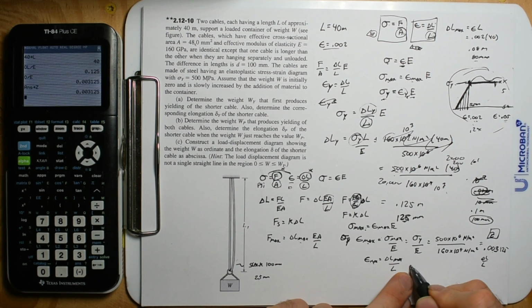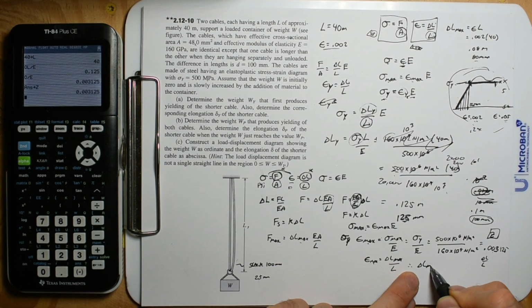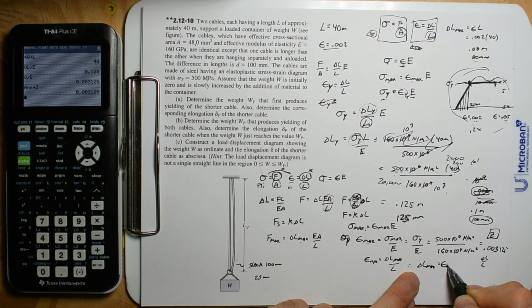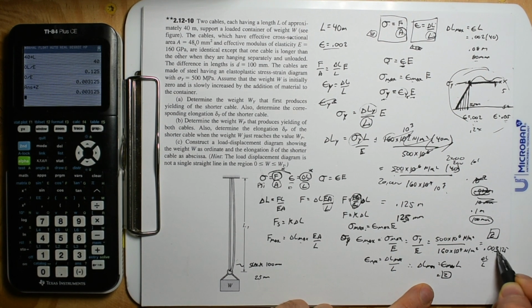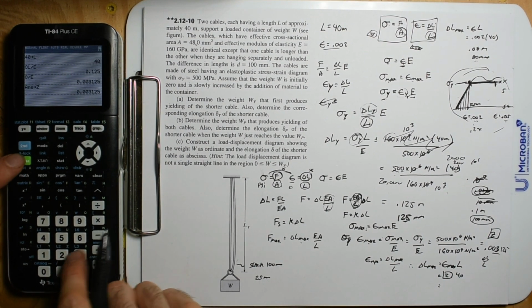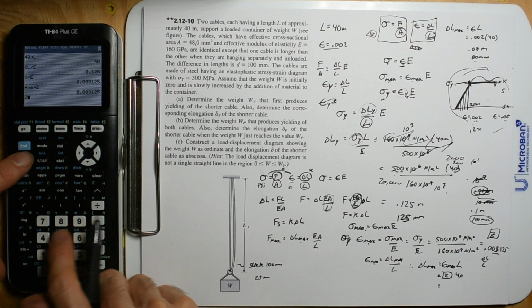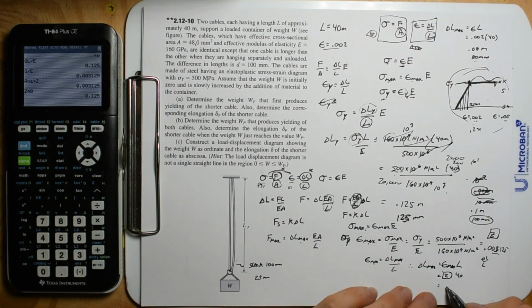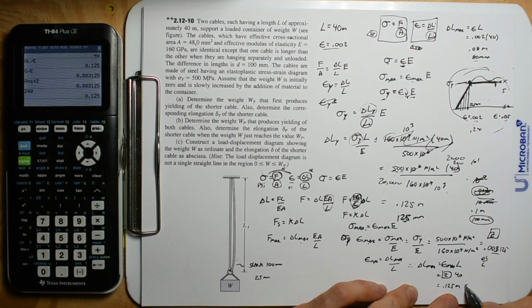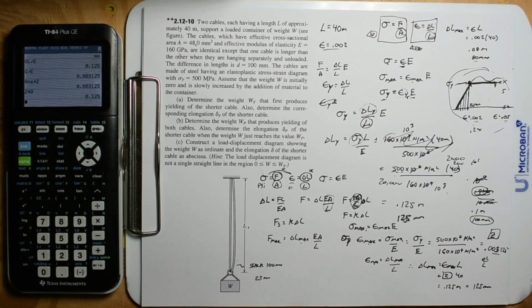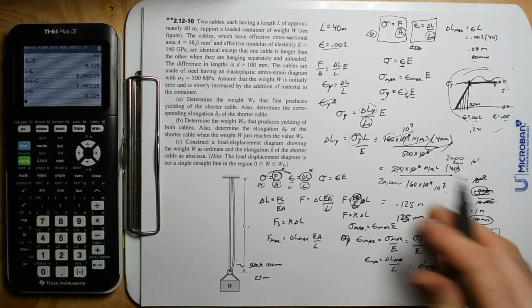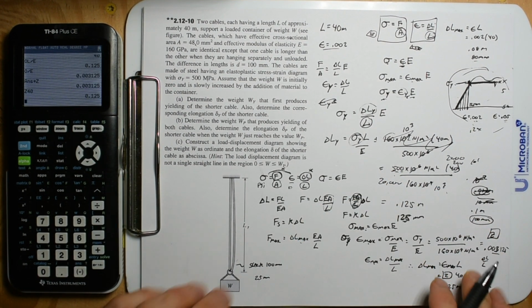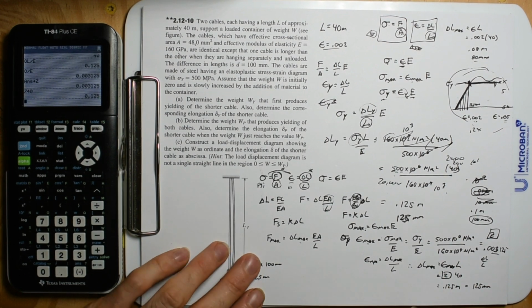So we're going to rearrange this and solve for change in length max, which is strain max times length, and that's going to be that Z, this number, times 40. And literally we already did this, we're just doing it twice, and that's why my videos are hella long. And we get 0.125 meters, which is 125 millimeters. Cool, we already figured that out, but we just want to visually see where that came from.